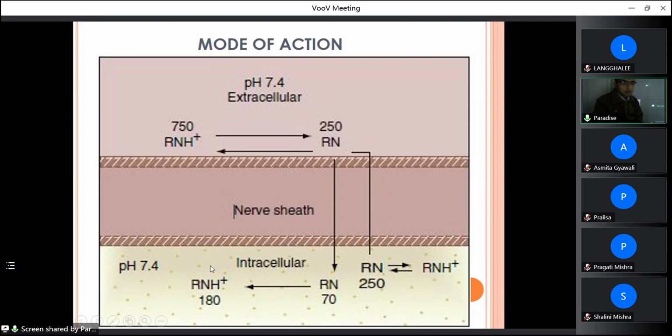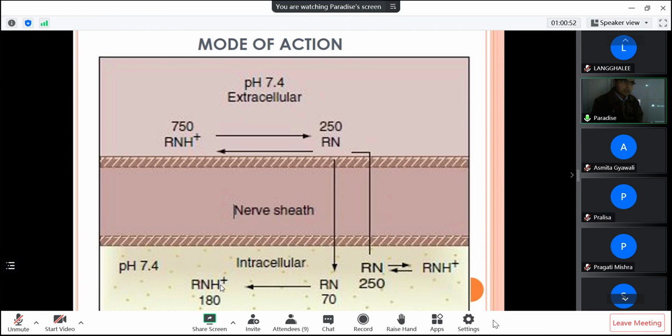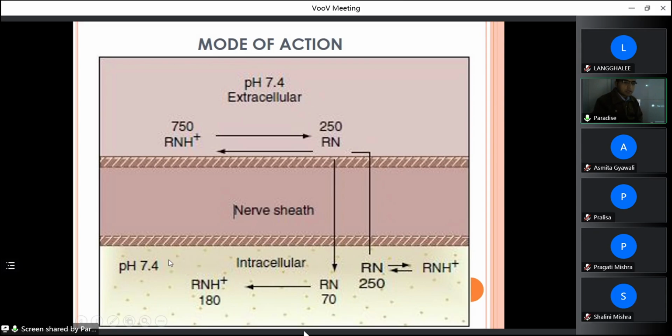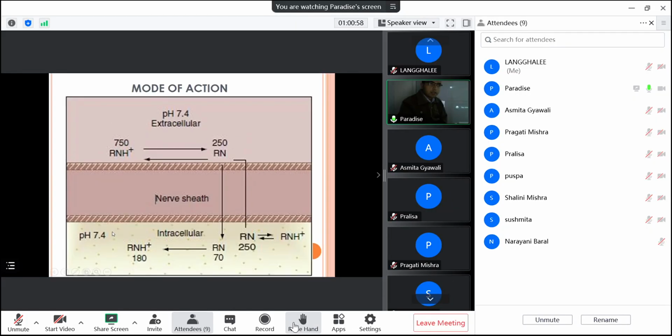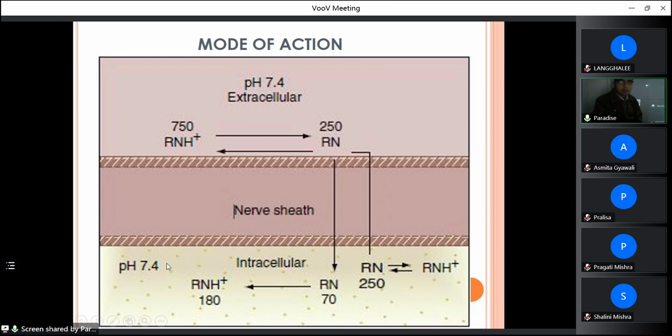This ionized molecule RNH+ binds to the voltage gated sodium channel. It blocks the sodium channel, and the influx of sodium ion is prevented. That's why the nerve will not be depolarized and action potential will not be generated. Once the action potential is not generated, the impulse present in the peripheral nerves will not reach the brain, and there will be no pain. That's the basic mechanism.